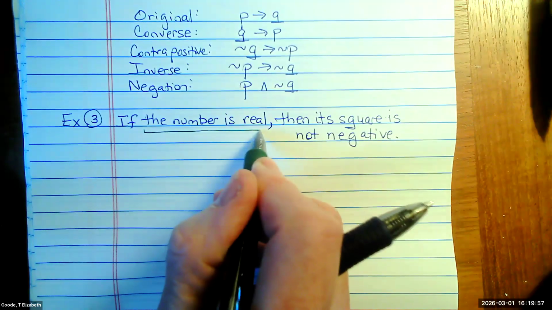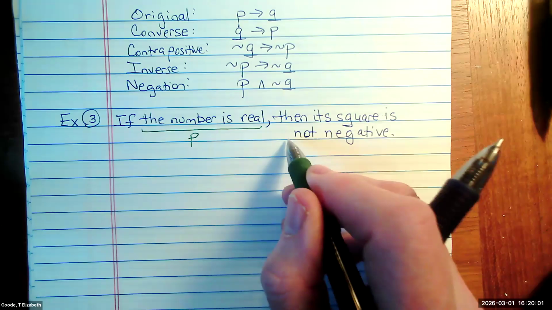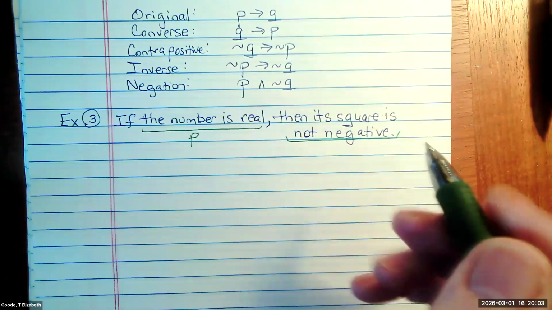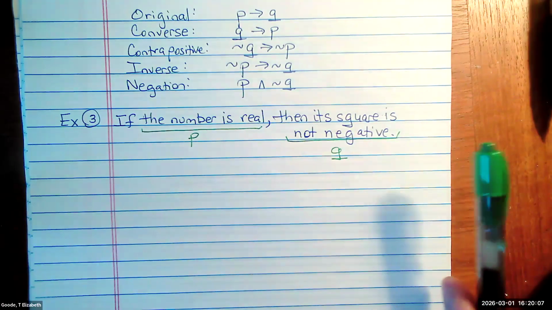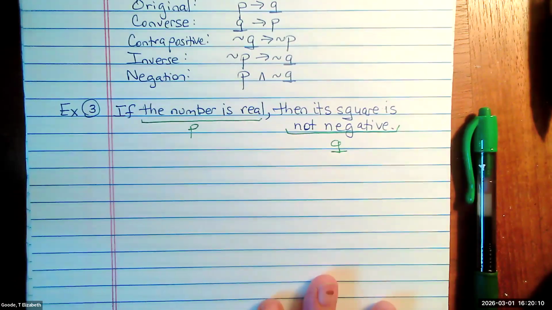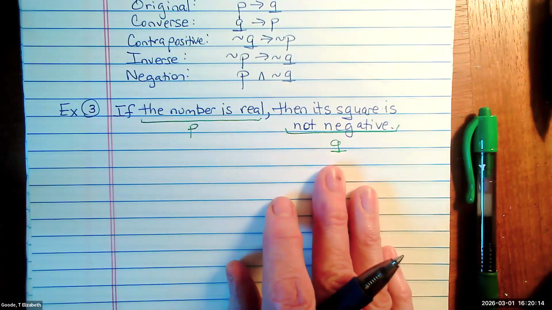So the number is real is our hypothesis. Its square is not negative. So I've got a not here in our conclusion. So we'll have to deal with the not.